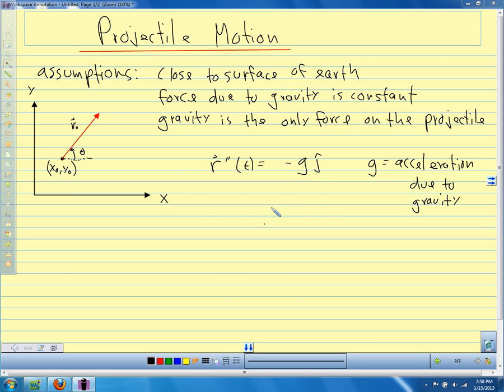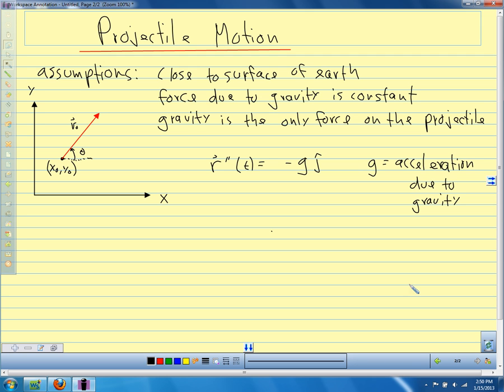Our force is negative, so our force is acting downwards. And our acceleration due to gravity depends on our units. In imperial units, it's negative 32 feet per second squared. In metric, negative 9.8 meters per second squared. So g is our constant acceleration due to gravity.